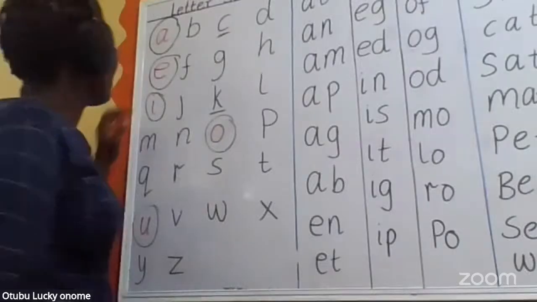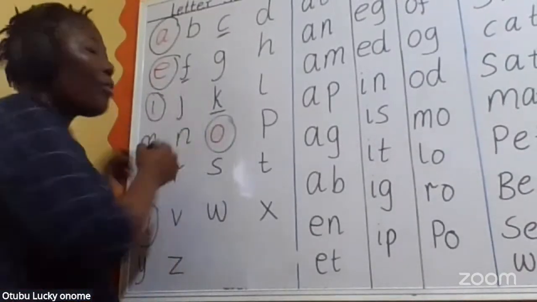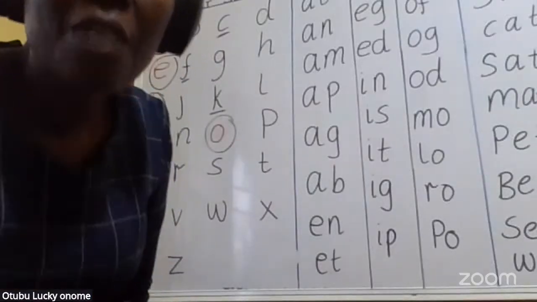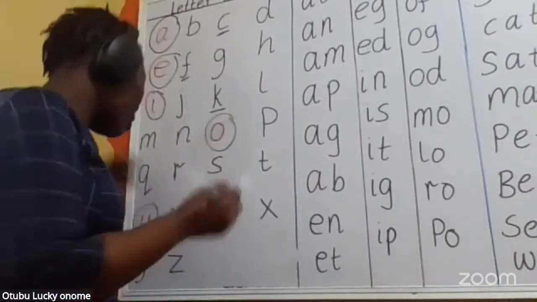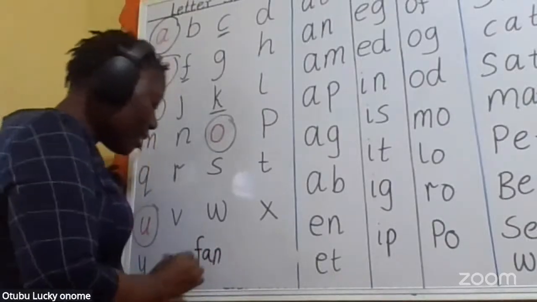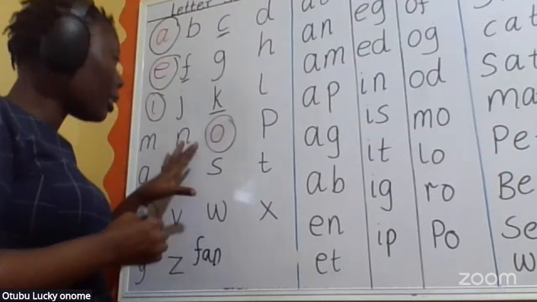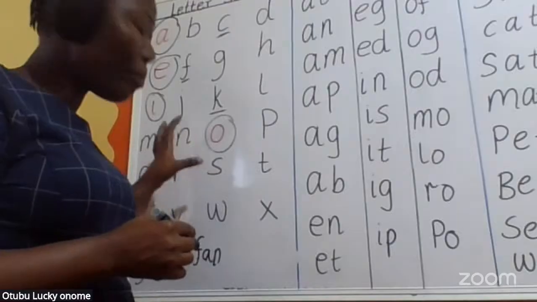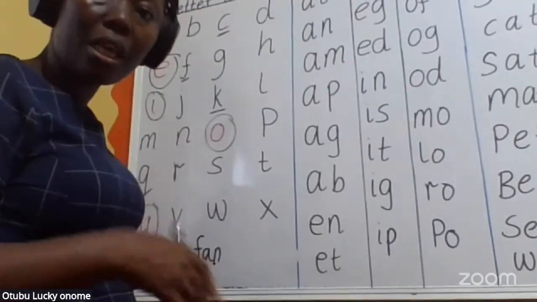Now the next one we have is f, as in fish, as in fan, as in fat. So these sounds are the basics, and we must master them, because when we put two letters together, we have a word.